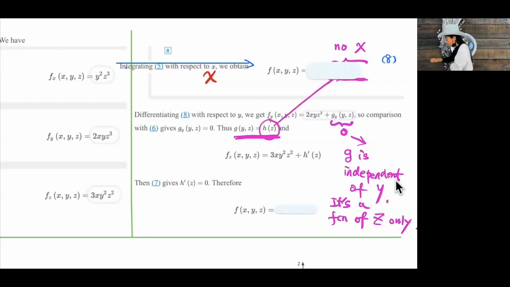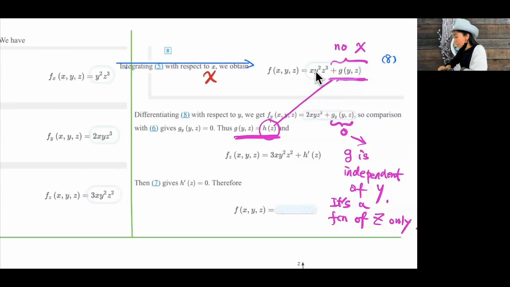Now remember that we haven't made use of this last equation about the partial derivative of f with respect to z. So let's differentiate this with respect to z.